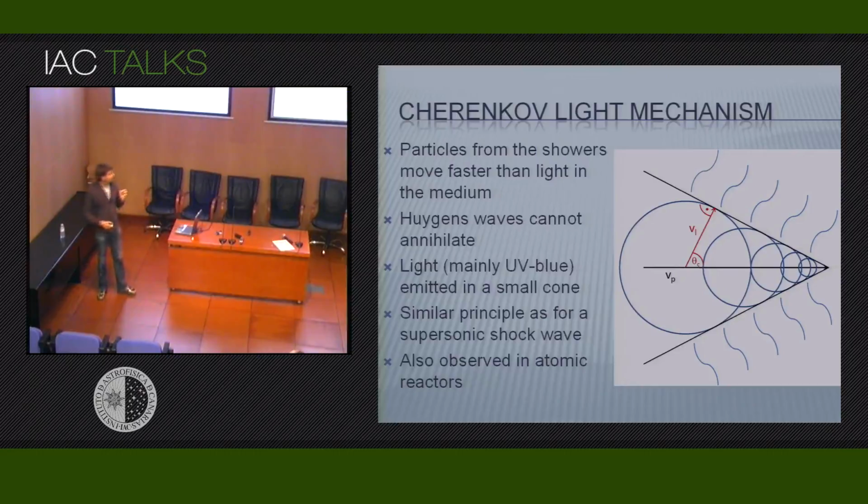How does this happen? In principle, the charged particles excite the atmosphere molecules, and they all create Huygens waves. I don't know if you're familiar with this very simple Huygens principle. Normally, when you have a particle that travels with light speed, all these waves can annihilate each other and you get a net effect of zero.